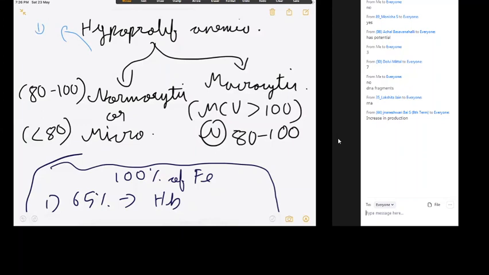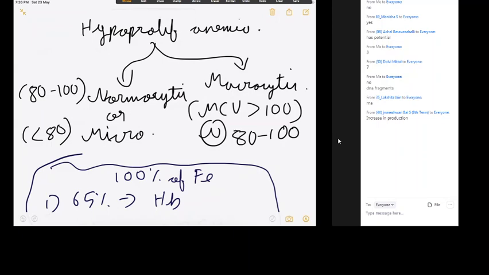Now your body can have two responses. Either it increases production of RBCs or it decreases production of RBCs for some reason. If it increases the production of RBCs, then it is hyperproliferation. If it is somehow decreasing the production of RBCs, it is hypoproliferation. Did you understand? Yes, there has to be an increase in production first.